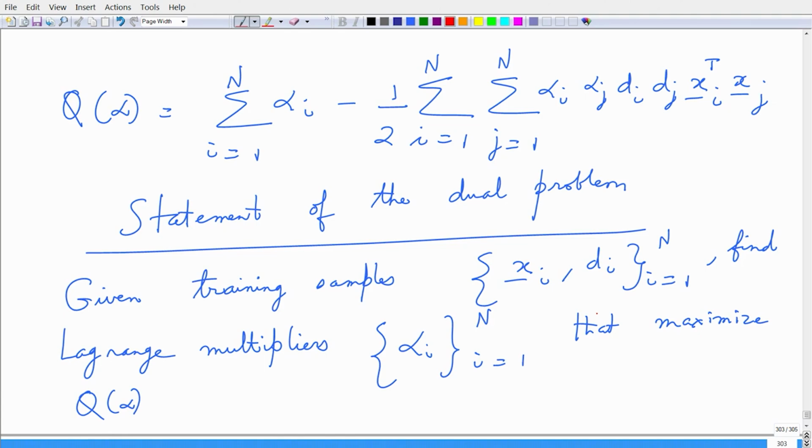Xi is a vector, di is the response which is +1 or -1, and given the training samples, that is xi, di pairs i equals 1 to n, we are interested in arriving at Lagrange multipliers alpha i, i equals 1 to n, that maximizes q of alpha.